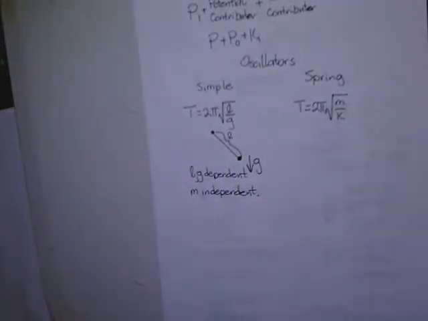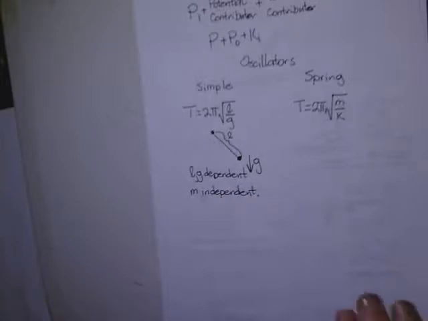If you change the length of the simple pendulum, the period changes. If you change gravity, the pendulum's period changes. But if you change the mass at the end of the pendulum, it's not going to change anything.